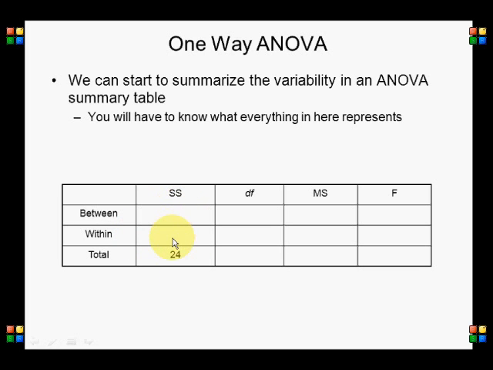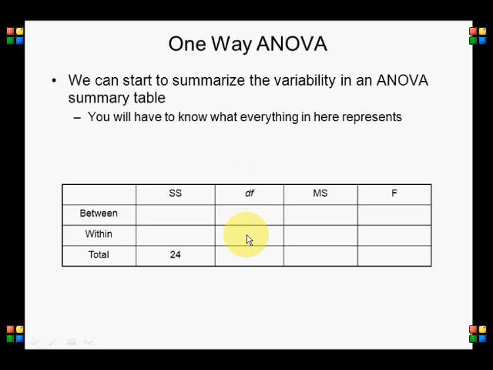The between sum of squares plus the within sum of squares equals the total. So total sum of squares, or total ways that people are different, are due to variation between groups and variation within groups. And that then kind of accounts for all the variation that we're talking about.